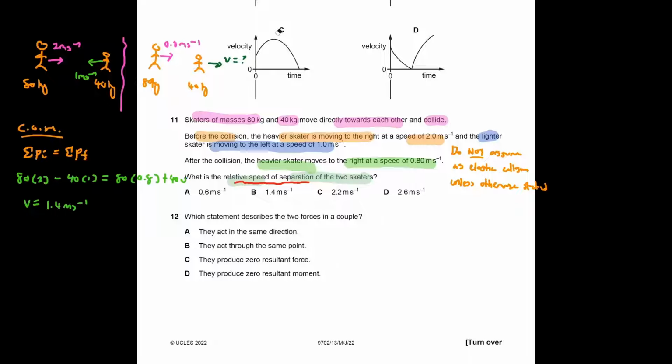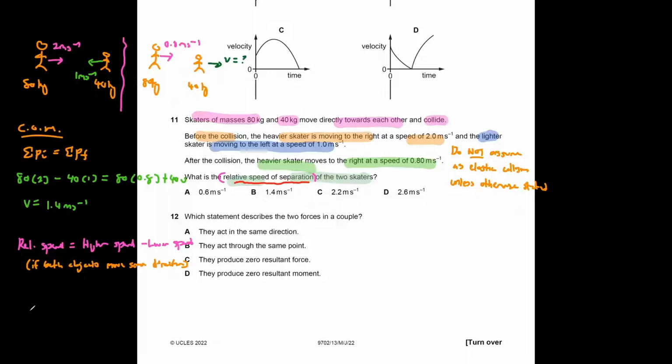So here the question wants you to find the relative speed of separation. When you want to find relative speed, it will just be higher speed minus lower speed if both objects move in the same direction.